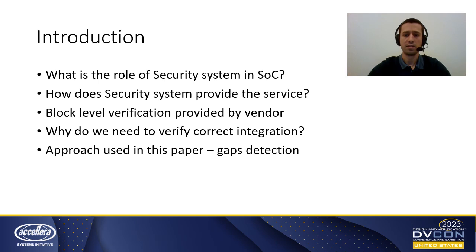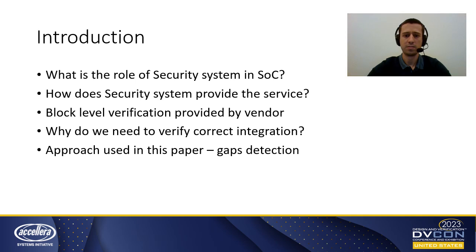Besides that, the security system needs to provide services, and the two most common services are data encryption and generation of true random numbers. Now, this paper assumes that the IP is obtained from a vendor, which means that this IP is verified at block level on their end, with certain guarantees that the verification is done correctly.